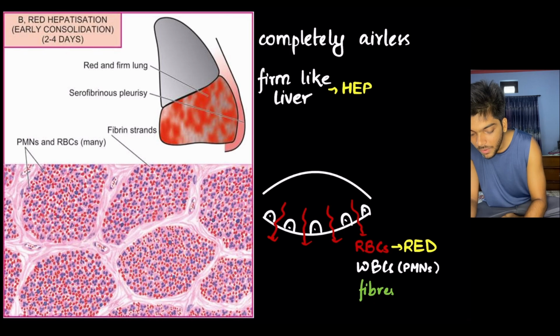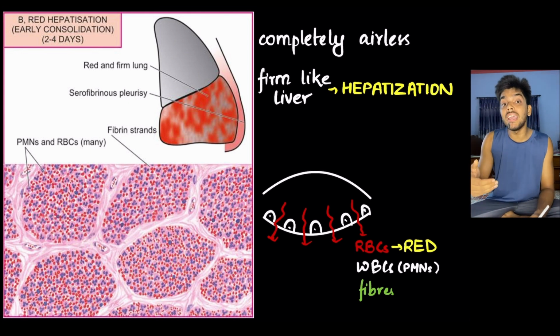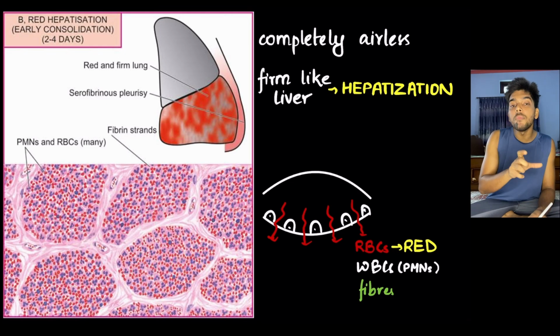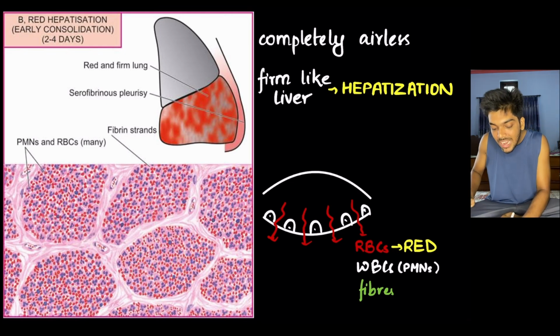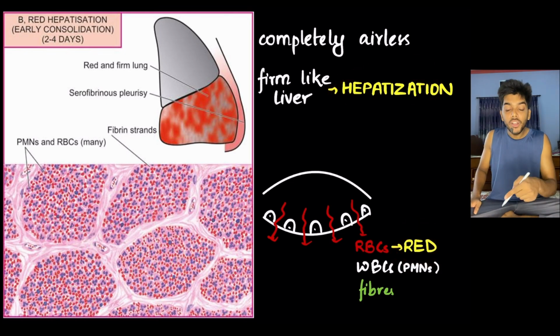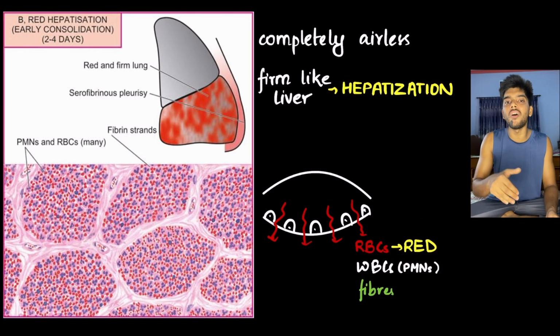First the lung was like a sponge, but now as the air spaces are filled with cells, it has become firm like liver. The process is called hepatization, becoming like liver. So this step is called red hepatization. Red due to red blood cells, hepatization due to conversion of the spongy lung into firm lung.